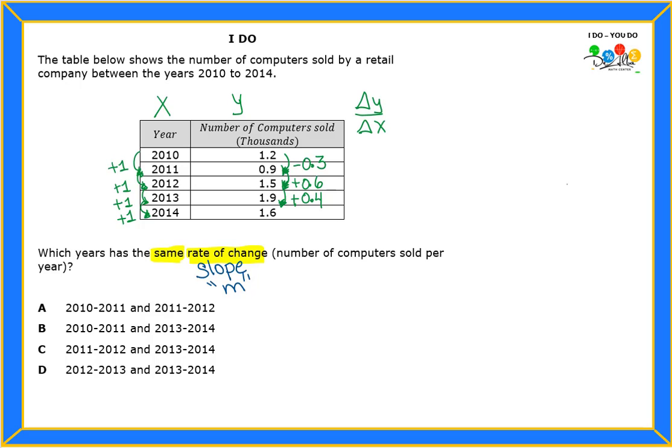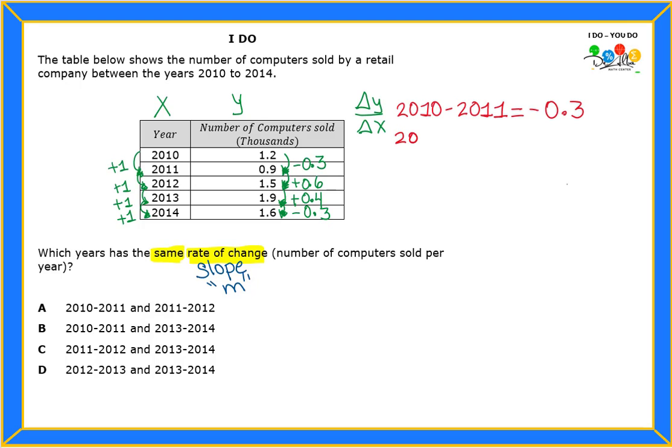What about the last one between 1.9 and 1.6? Is it increasing or decreasing? It's decreasing, right? If it's decreasing, I need to identify my answer with a negative sign. What's the difference between 1.9 and 1.6? 0.3. Very good. So let's check on those rates of change. From 2010 to 2011, the rate of change is negative 0.3.